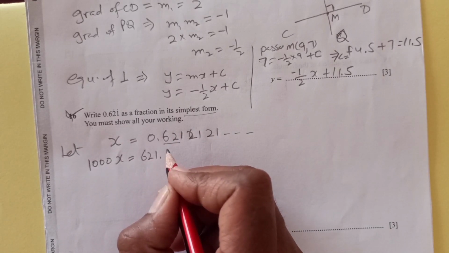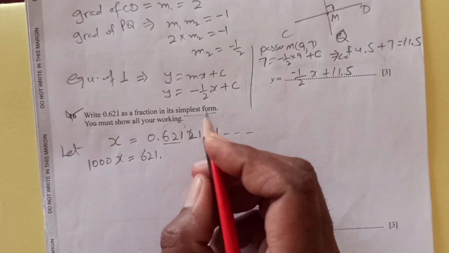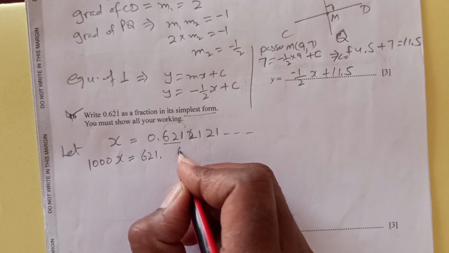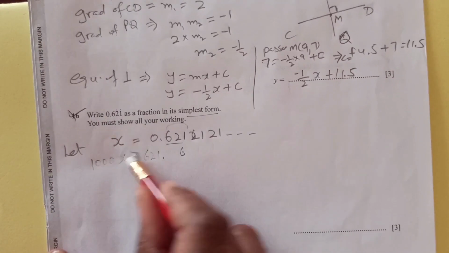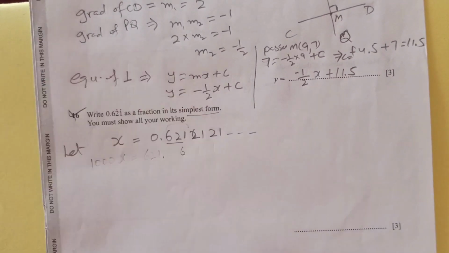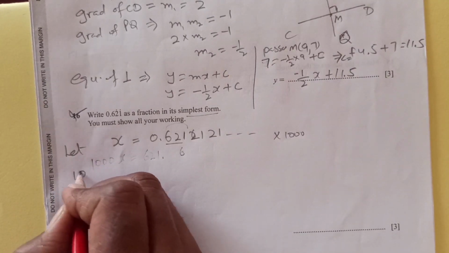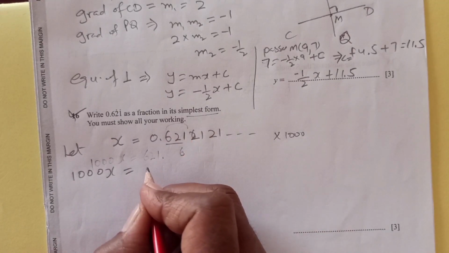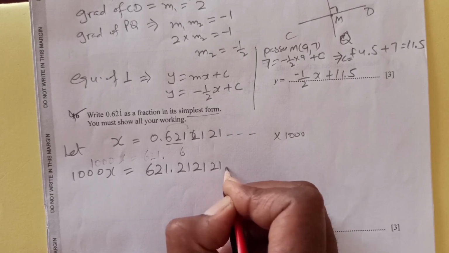Let me rewrite this one. If we multiply by 1000, this is going to be 1000x equals 621.212121, the decimal point moving over here, like this, right?